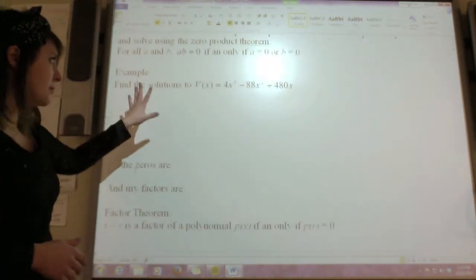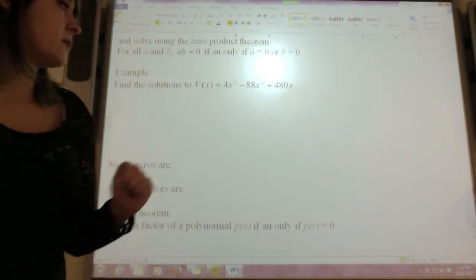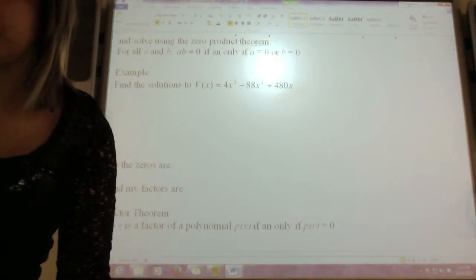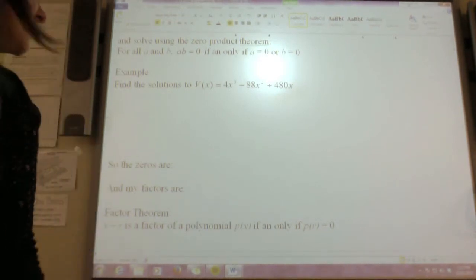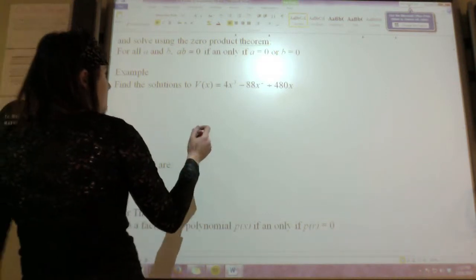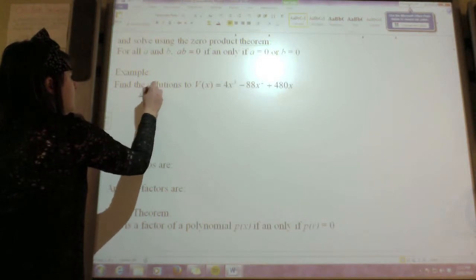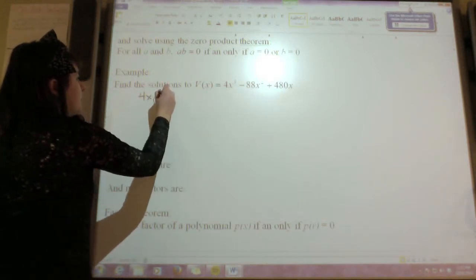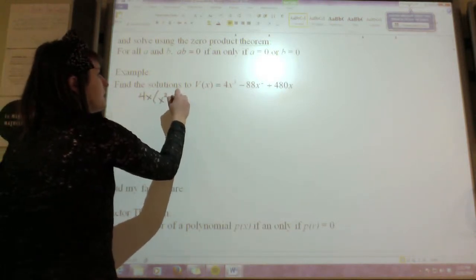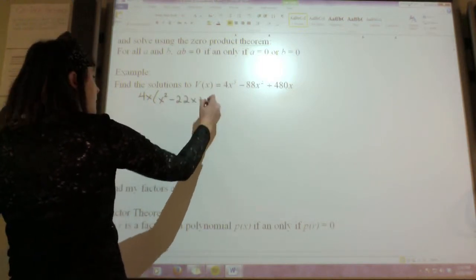So for example, we've got v of x equals 4x cubed minus 88x squared plus 480x. If I want to find the solutions to that, the first thing I'm going to do is factor out a 4x. When I do that, I'm left with x squared minus 22x plus 120.